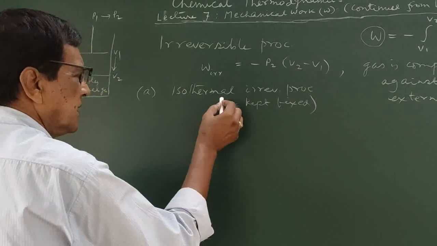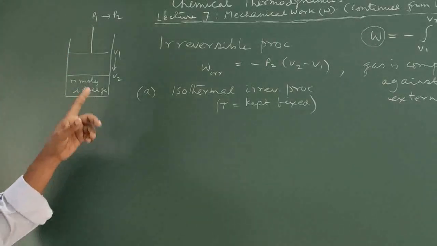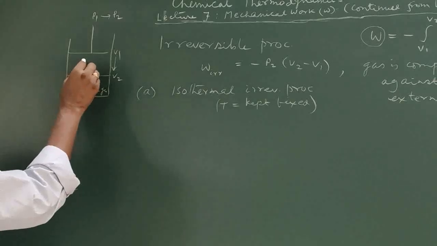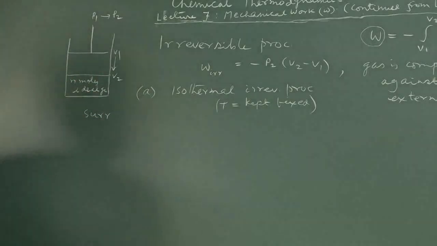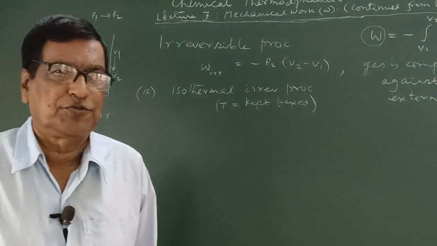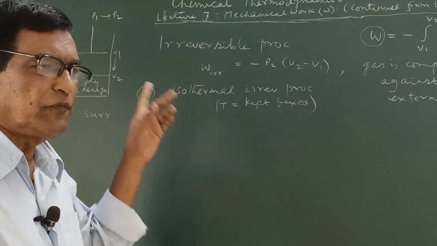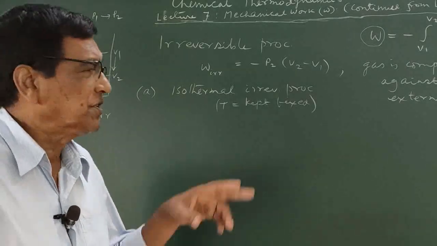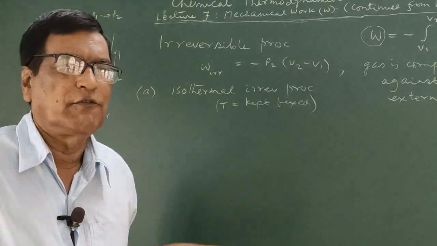So naturally, what I told: this is the system and this is the surrounding, and heat exchange between system and surrounding continues. As you know, whenever an expansion occurs, there will be a fall in temperature. So keep this temperature fixed at a certain value.